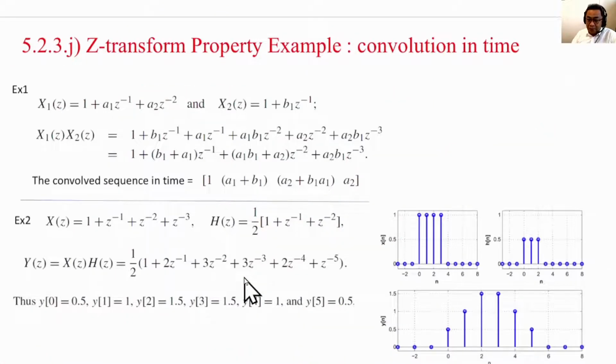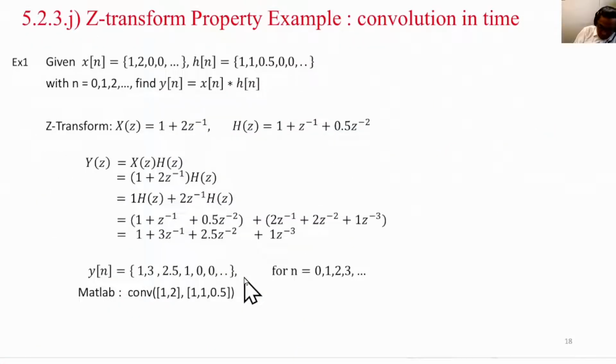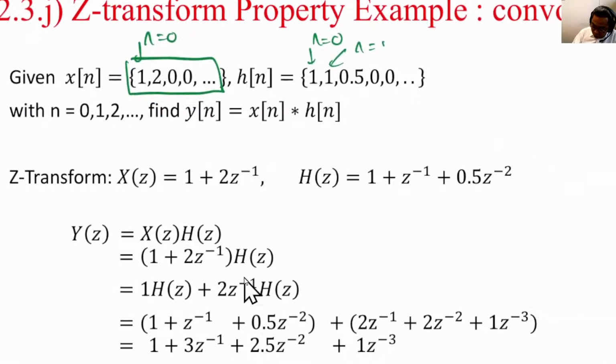Let us have an example. Over here, we have a sequence 1, 2, 0, 0. This is time index n equals 0, n equals 1, and so on. This is x[n].